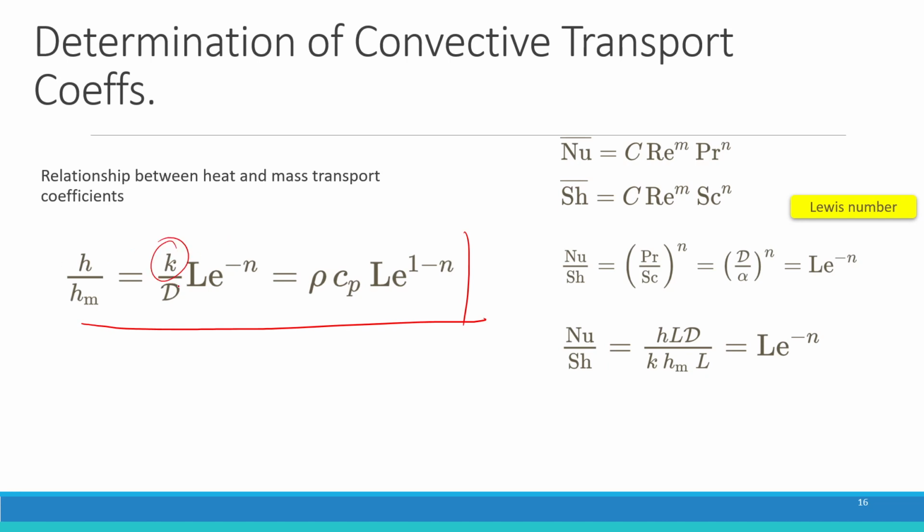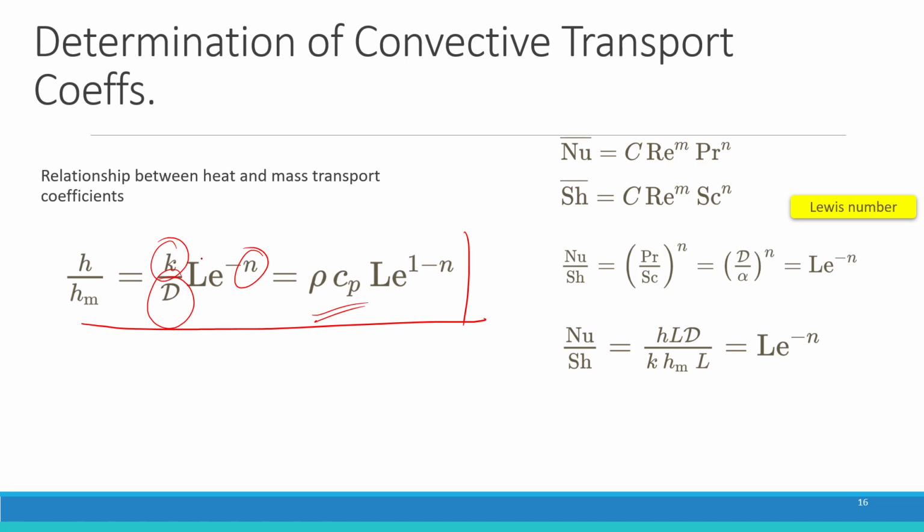That is the thermal conductivity upon diffusivity, then e raised to -1 upon n. So n is a parameter that will mostly be provided to you in the question. Then by using this equation, if you have either of the coefficients, you can find the other one. So this is an important correlation that you might need to remember.